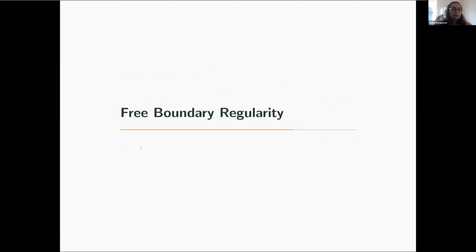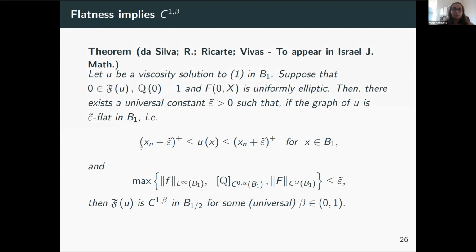And for the free boundary regularity, we have two main results. The first one is that flat free boundaries imply that free boundaries are of class C^{1,β}. Here, we suppose that 0 is in the free boundary, Q(0) is equal to 1, and F is uniformly elliptic.